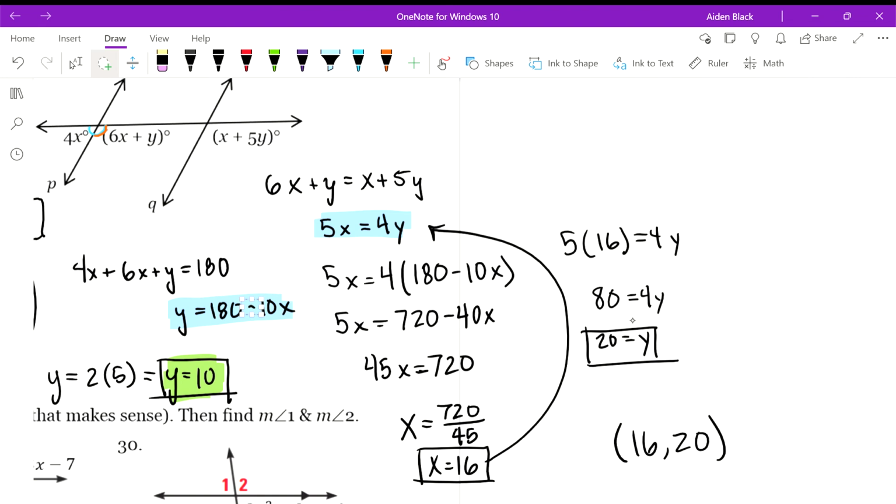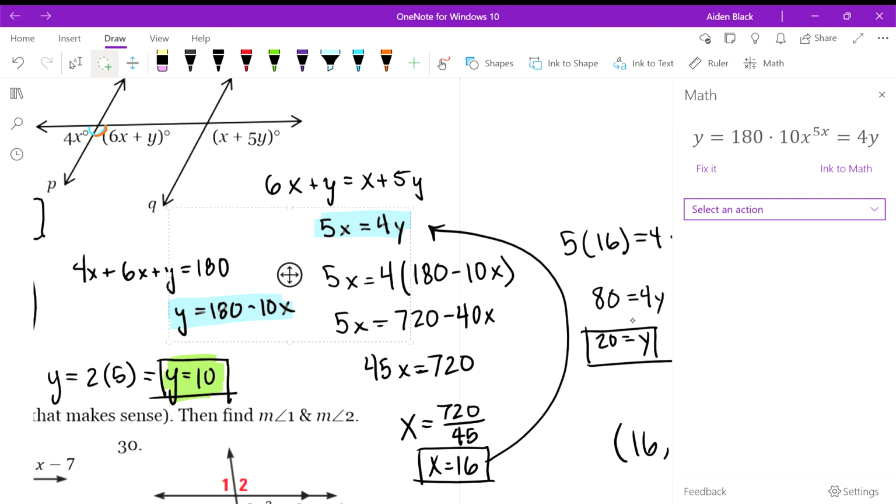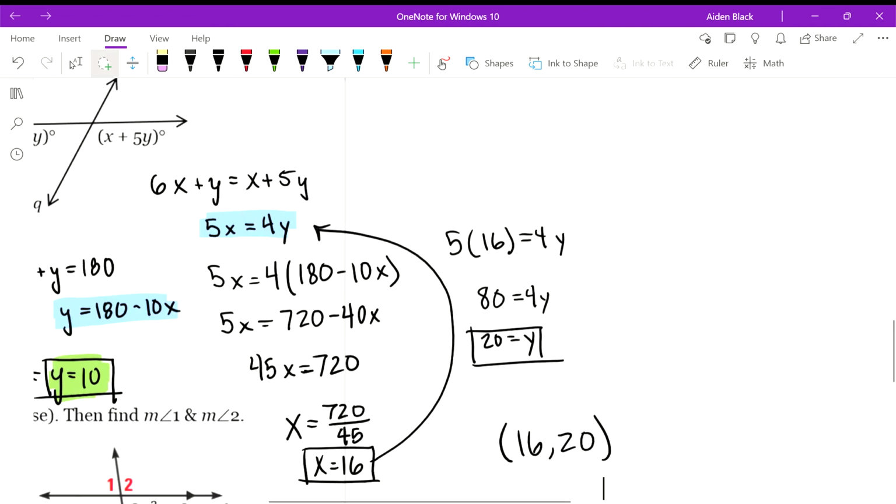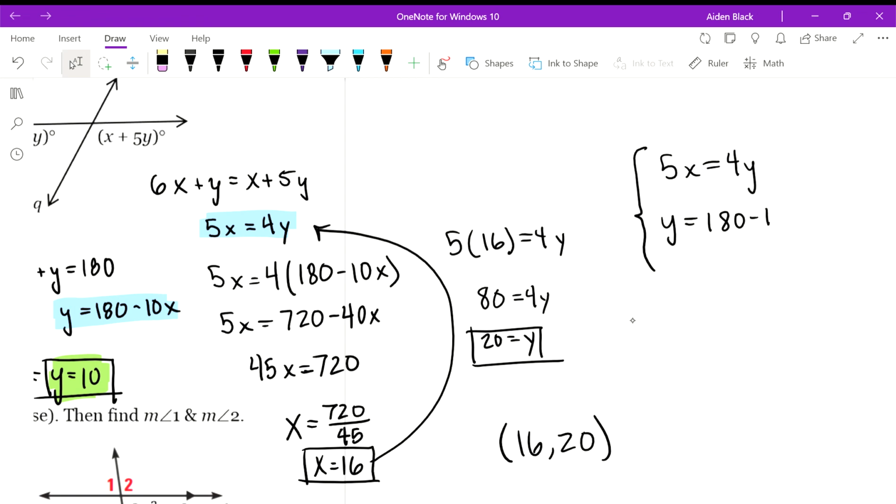So if we combine them, 5x equals 4y, and y equals 180 minus 10x.